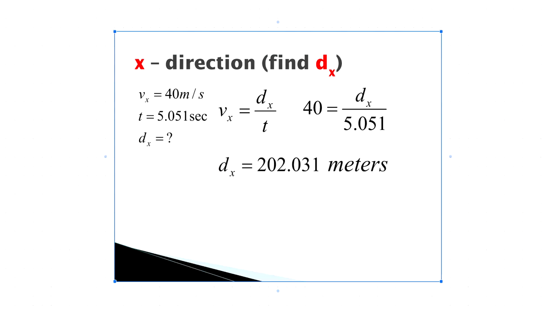We had to divide both sides by time in order for us to have a velocity equation. So with the velocity in the x equation, if we set it up in this way, we can focus on solving for displacement. And the displacement is 202 meters.